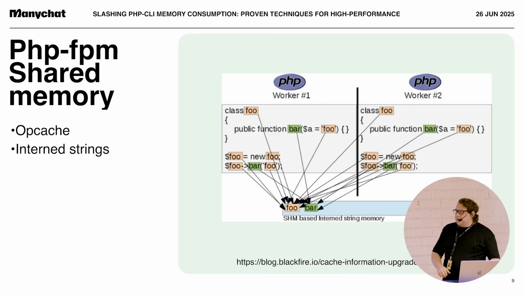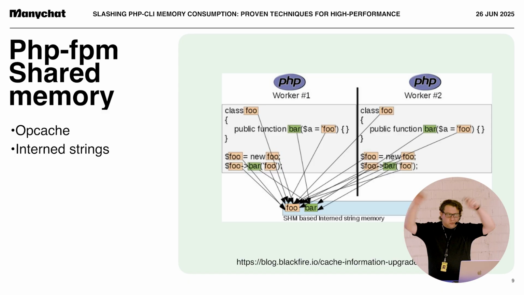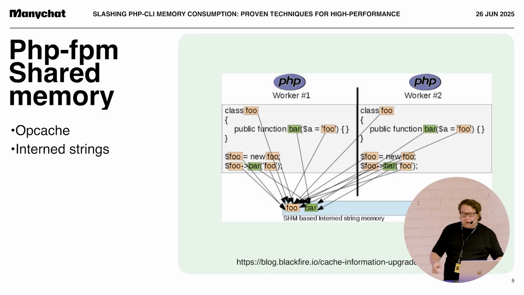So we solved the problem with serving those webhooks, but we faced another problem. Contrary to what PHP command line does, FPM has the possibility to share the memory. First of all, opcache, to share opcache among all of the workers.